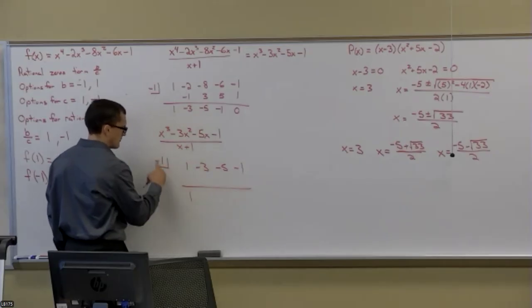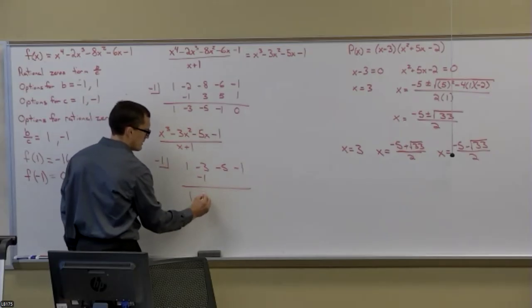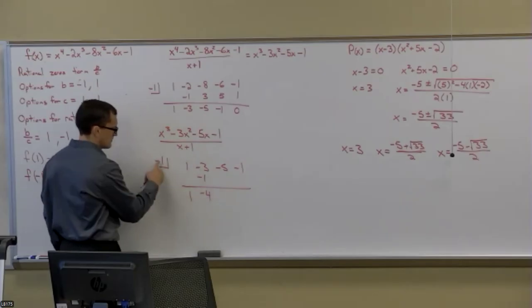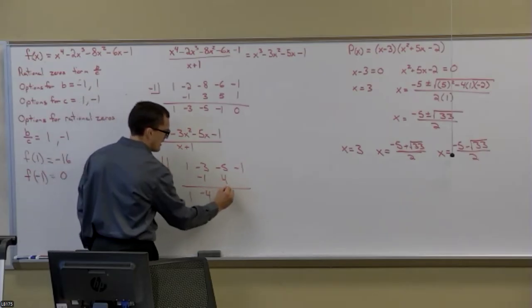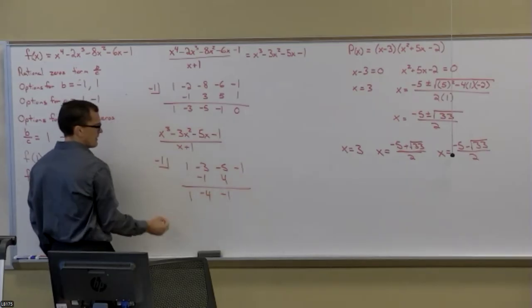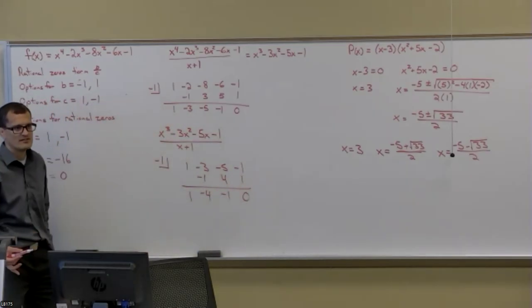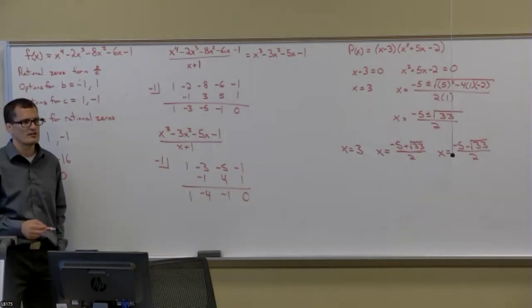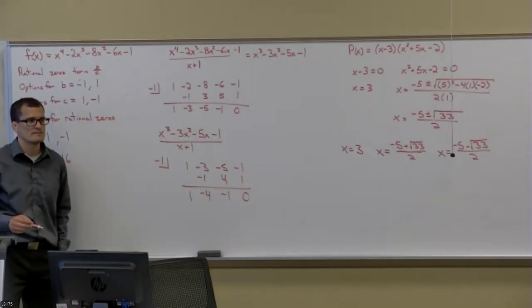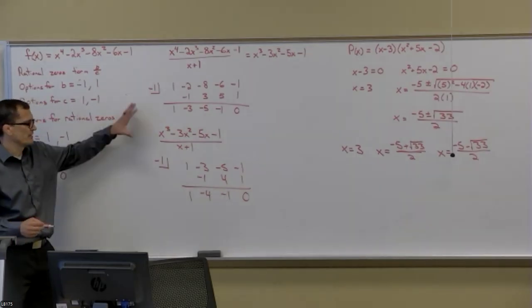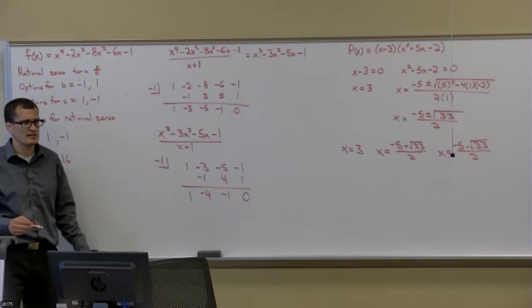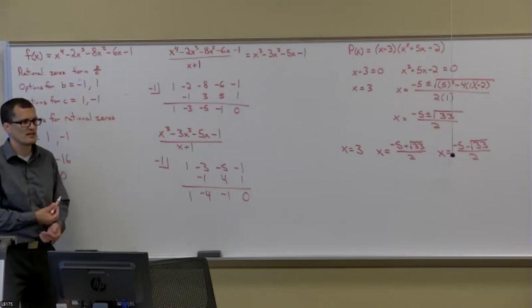One shoots down. 1 times -1, -1. You get -4 times -1 is a positive 4. -1 times -1 is a positive 1. Give you 0. Exactly what we thought, right? That was our intuition, hopefully. I don't expect you to be able to do that intuition stuff, but that's kind of how that goes.